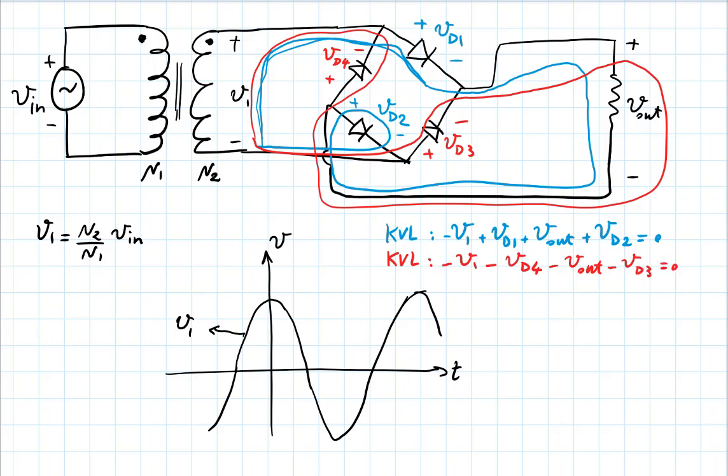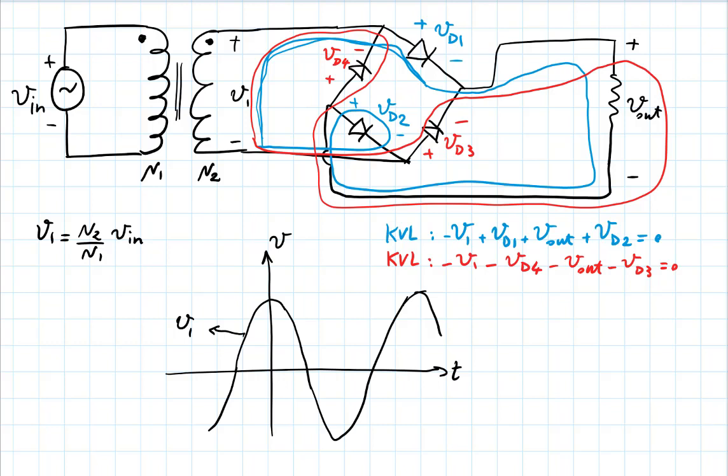If you look at the first KVL, if the diodes D1 and D2 are on and VD1 and VD2 are 0, Vout will be equal to V1. Now, if Vout is equal to V1, from the second equation, you will get the sum of VD3 and VD4 to be equal to minus 2V1. Now, if V1 is positive, the sum of those two diode voltages is going to be negative.